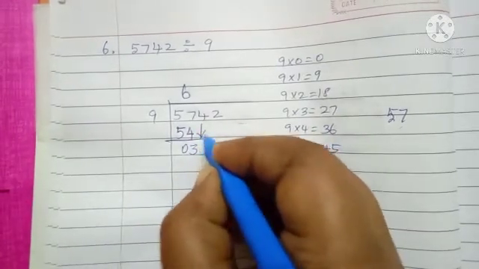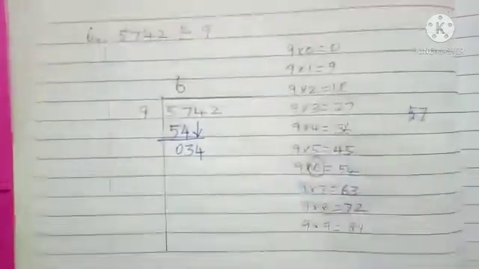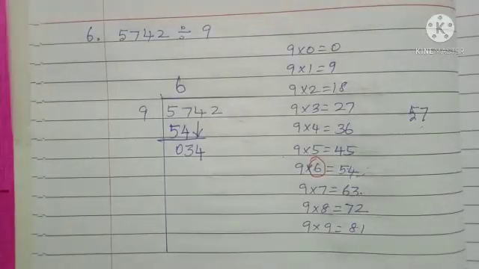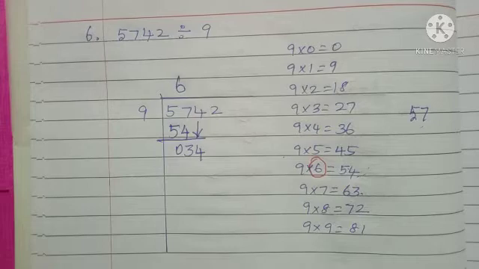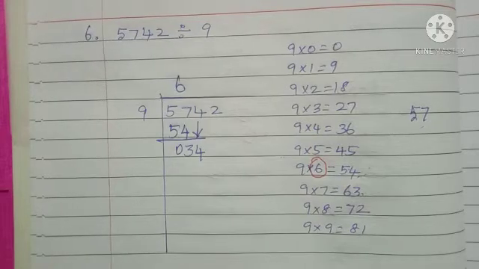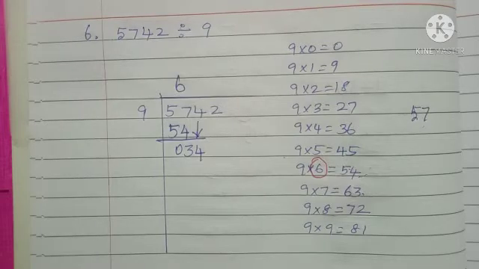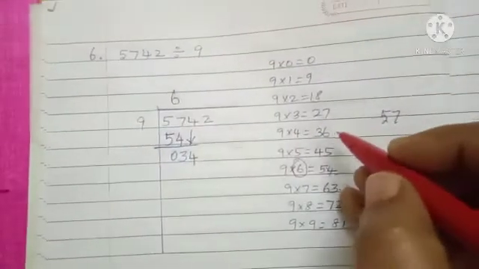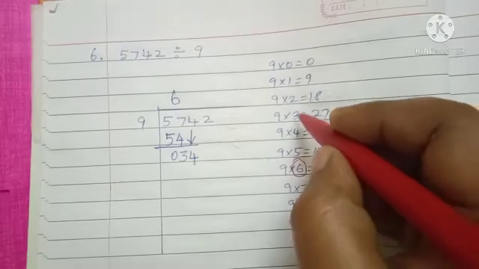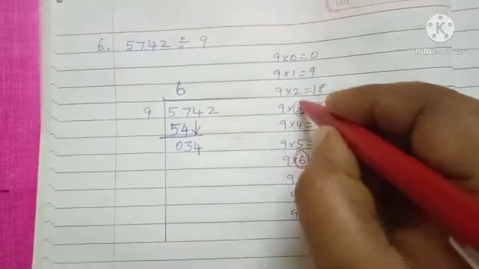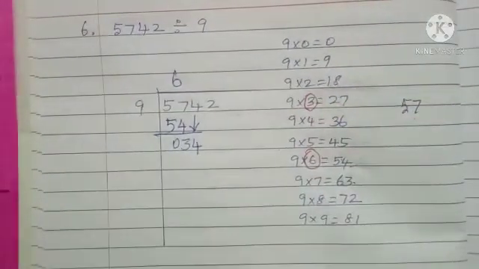Then take the next number 4. So 34. 34 is coming in the 9 table. 9 zeros are 0, 9 ones are 9, 9 twos are 18, 9 threes are 27, 9 fours are 36. So 36 is a bigger number. Before that number you stop, 9 threes are 27.